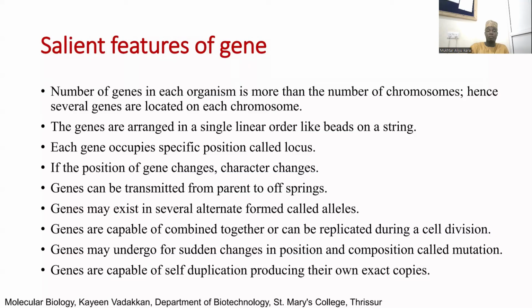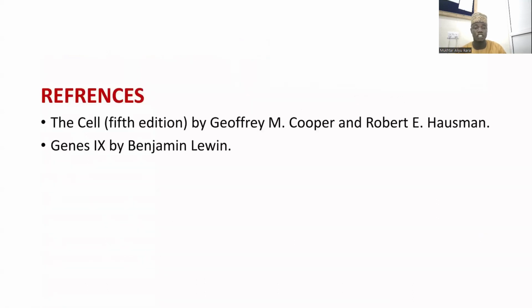Genes are capable of combining together or being replicated during cellular division. Genes may undergo sudden changes in position and composition, and this is called mutation. So genes are capable of self-duplicating, producing their own exact copies. So these are some of the salient features of genes.